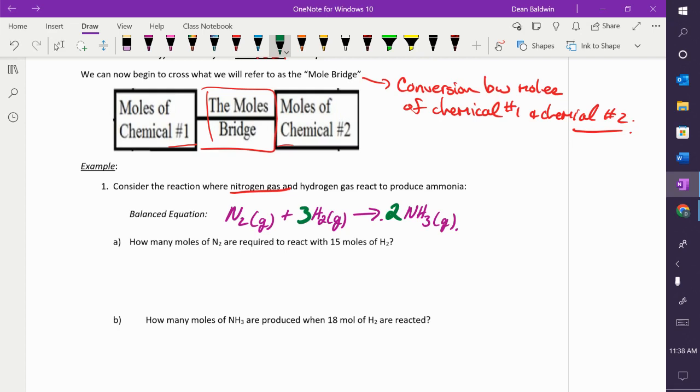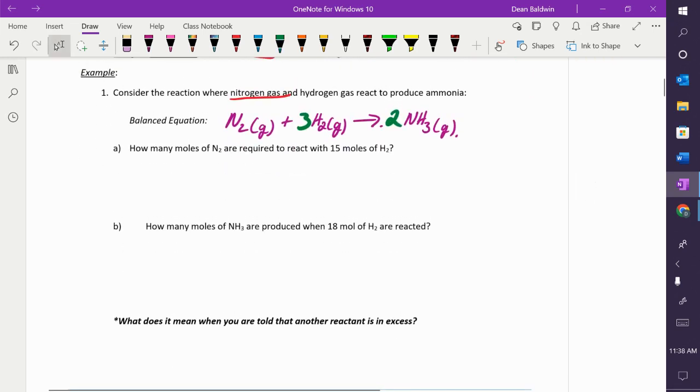All right. So this is what a stoichiometry question looks like. How many moles of N2 are required to react with 15 moles of H2? So remember in unit conversions, whatever you're given, you write down. What are you given? You've been given 15 moles of H2.